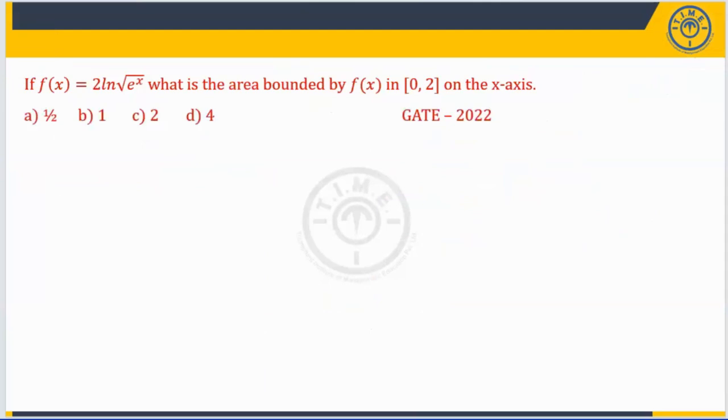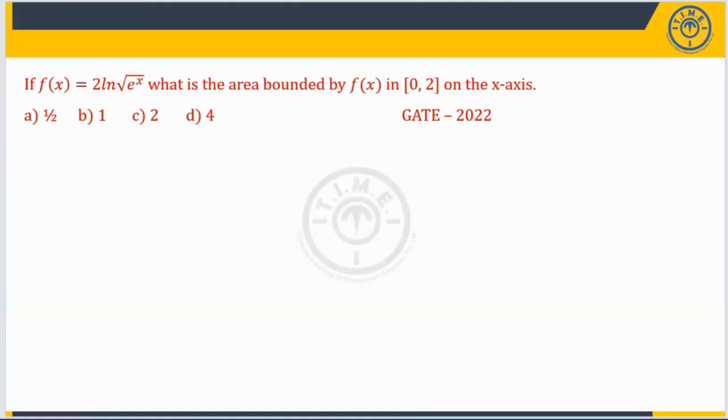Right. Now, in 2022, the question is, if f of x is equal to 2 log root over e power x, what is the area bounded by f of x in integral 0 to 2 on the x-axis? Right.